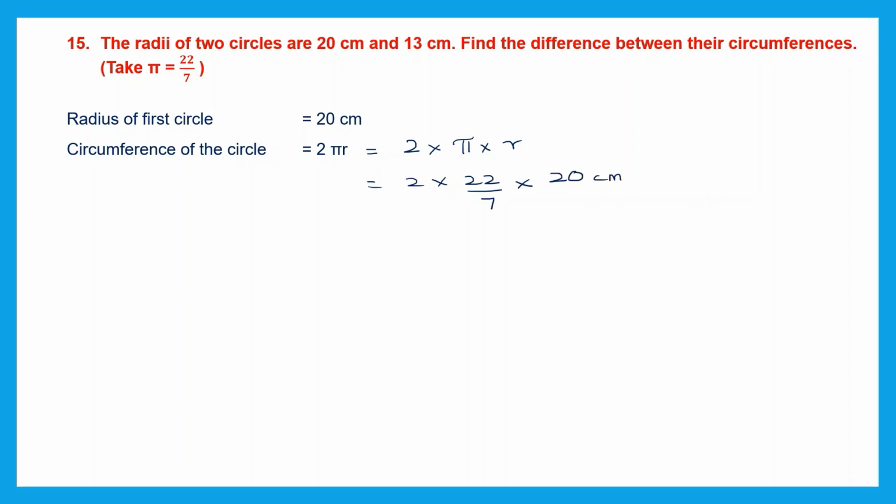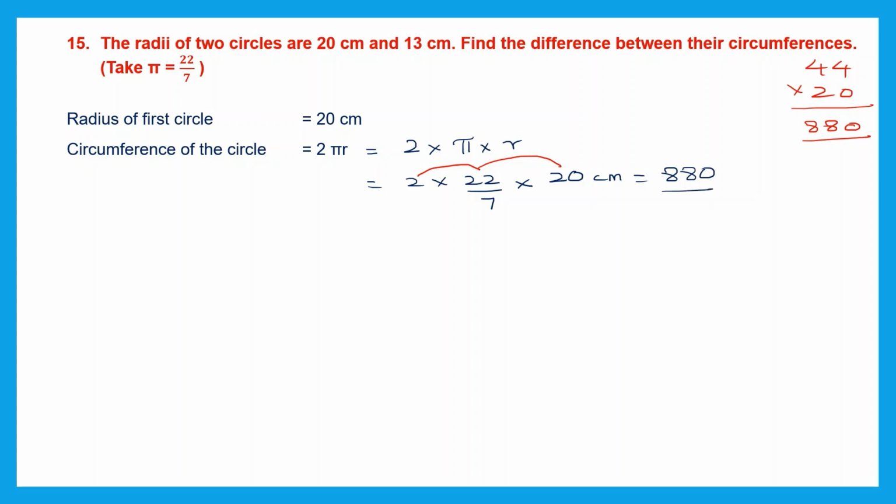Now, there's nothing to cancel here, so we multiply the numerators first. 2 into 22 is 44. 44 into 20. Let's multiply by 2 first. 2 fours are 8, 2 fours are 8, and add the 0. So we've got 880.